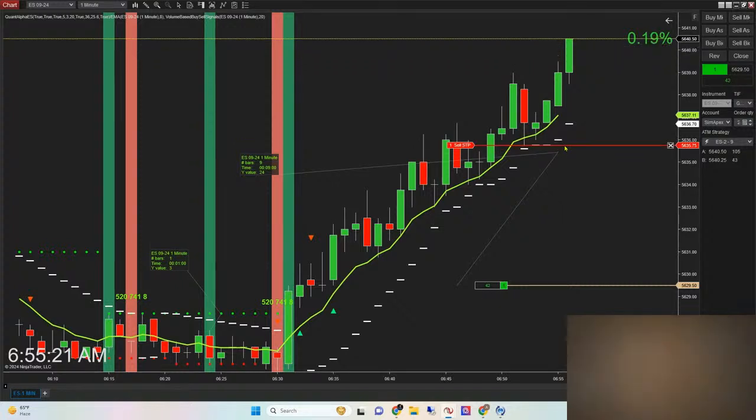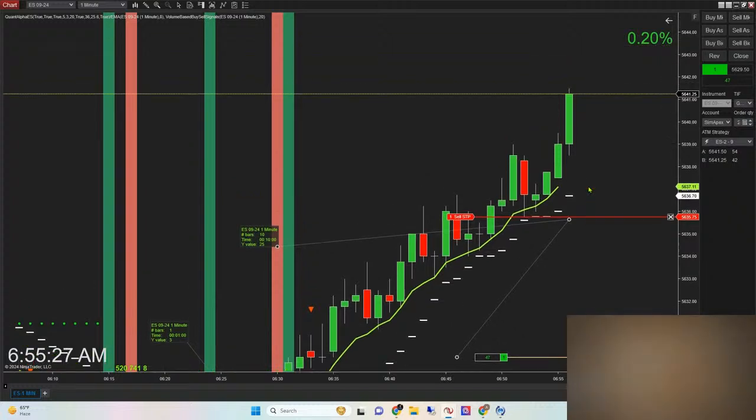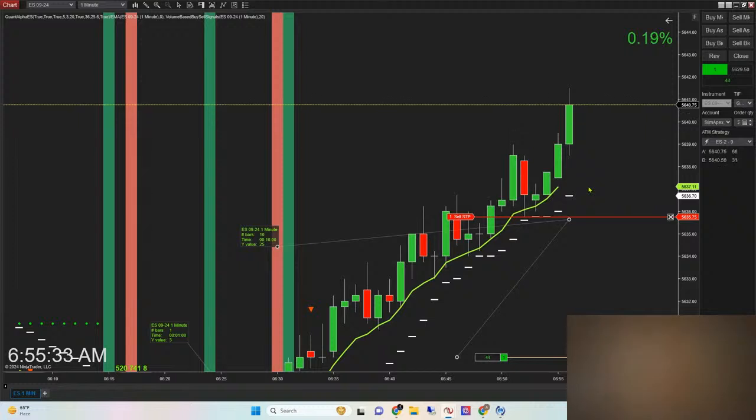Second dot now. That's a nice long trade in ES. There we go.